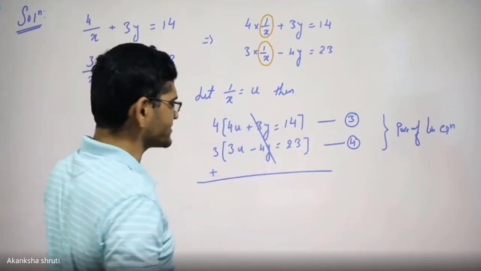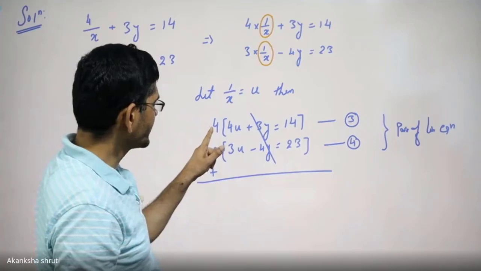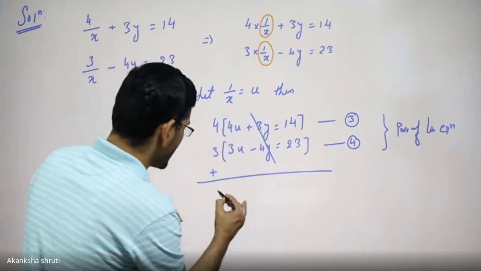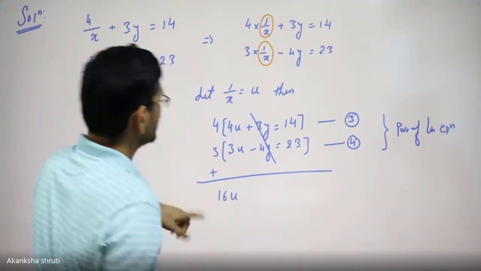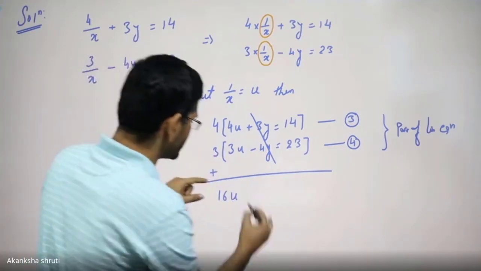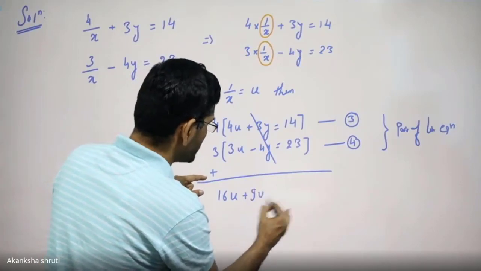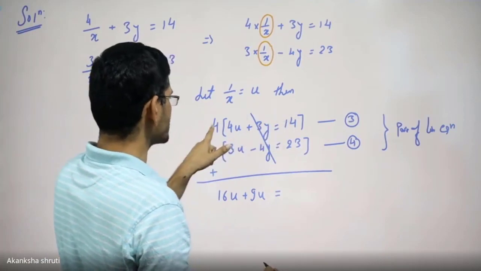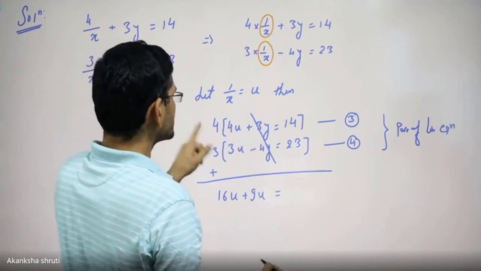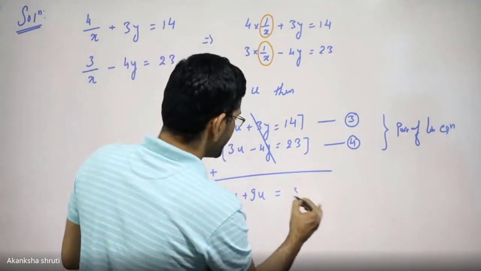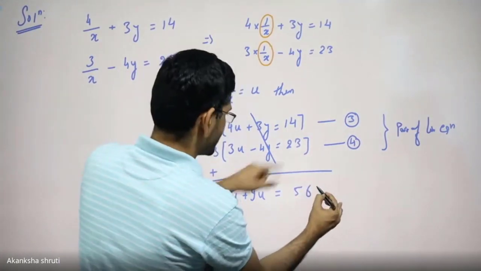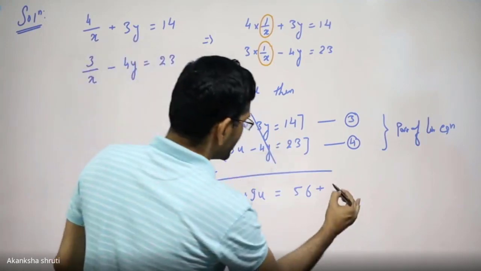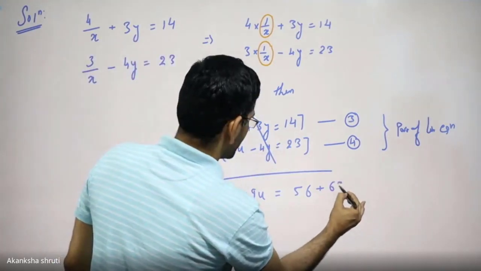This y will get cancelled. On the left-hand side, we have 4 4s are 16 of u, and from the second equation 3 3s are 9 of u, which are in addition. The 14 also gets multiplied by 4, so 14 into 4 is 56. The other one is also addition: 3 into 23 is 69.